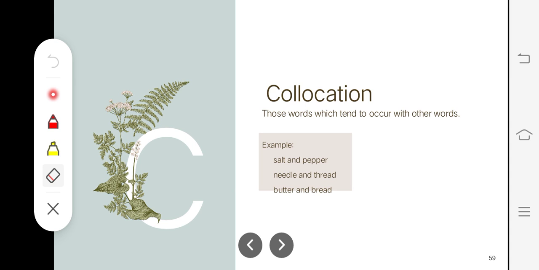If you ask 1,000 people what they think of when you say hammer, more than half will say nail. If you say salt, they'll mostly say pepper, and needle, thread, and bread, butter. So one way we seem to organize our knowledge of words is in terms of collocation, or frequently occurring together.